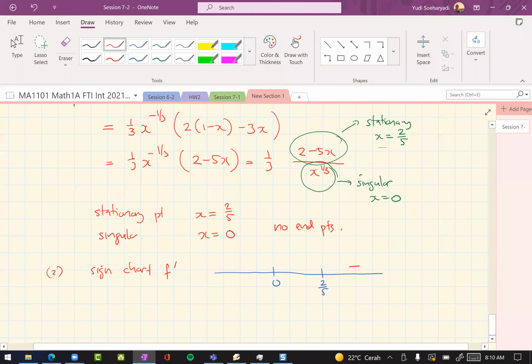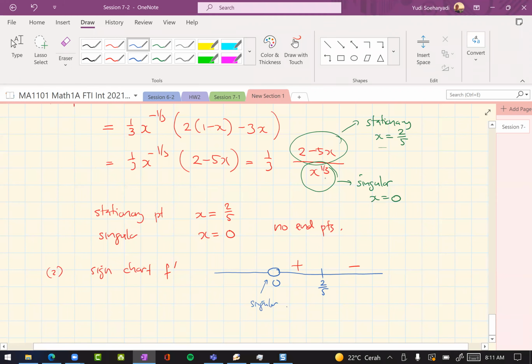Crossing 2/5, this is power 1, so it changes sign. Because this is singular, it's not defined at 0.